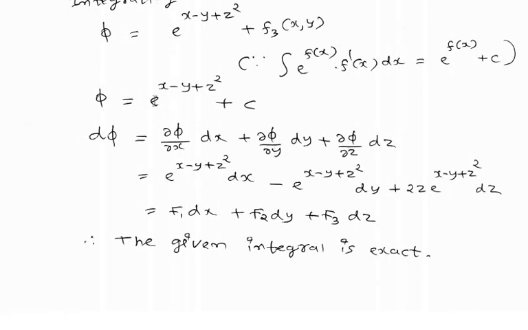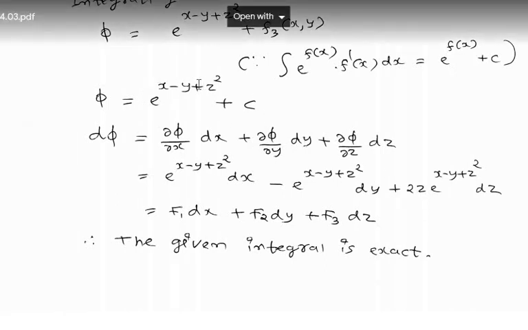Now del phi by del y means partial derivative of this function with respect to y. So e raised to x minus y plus z square as it is, and derivative of minus y is minus 1, and derivative of x and z square will become 0, and dy as it is, plus del phi by del z. So partial derivative of this function with respect to z. So e raised to x minus y plus z square as it is, and derivative of z square is 2z dz, right?